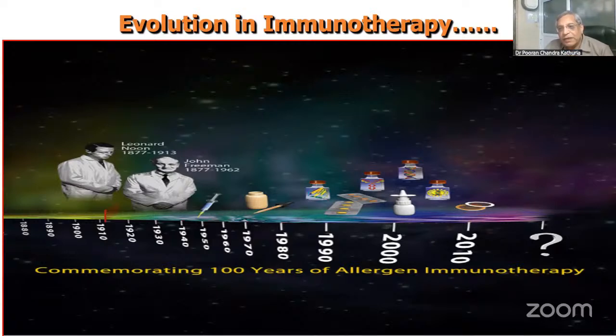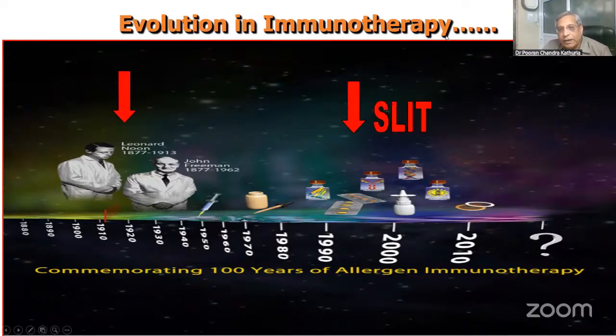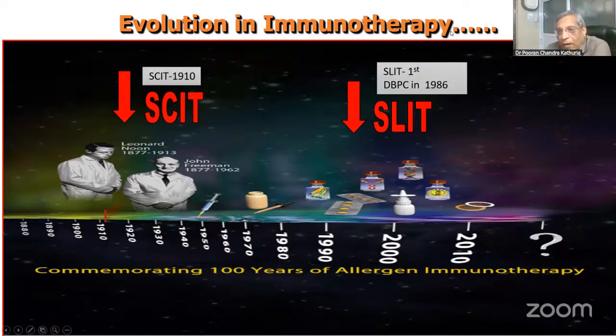Allergen immunotherapy started way back in 1910, more than 110 years ago. Subcutaneous immunotherapy has withstood the test of time, while sublingual immunotherapy came in 1986, well accepted, equally effective in sensitized patients with standardized product formulations, but less effective in comorbidity.